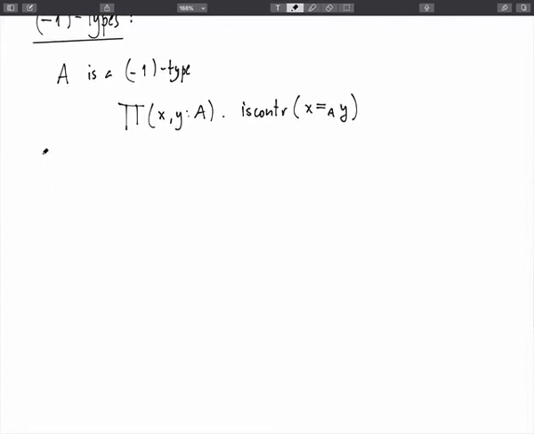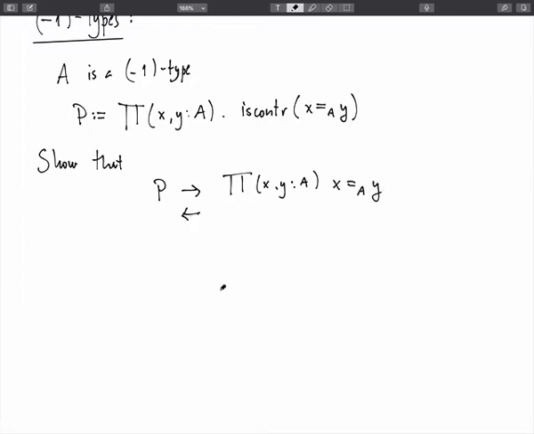So now let's show that this type, let's call it P, has maps between P and the product over all x, y in A of x equals_A y, and backwards. Why would I do that?